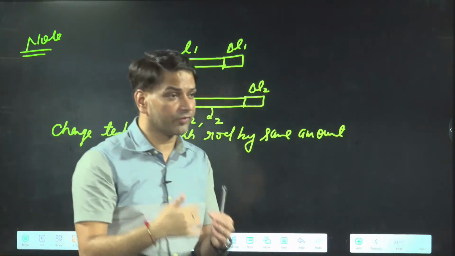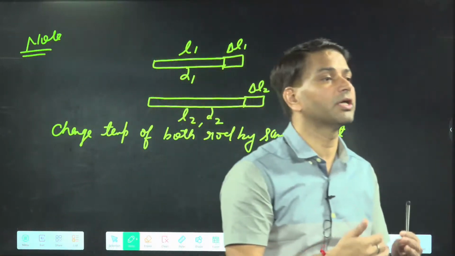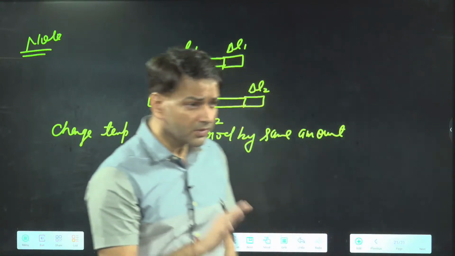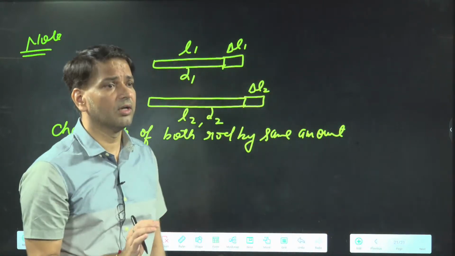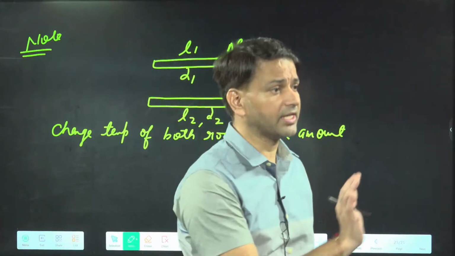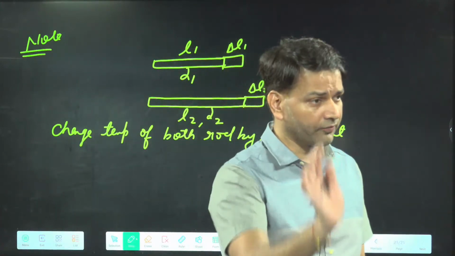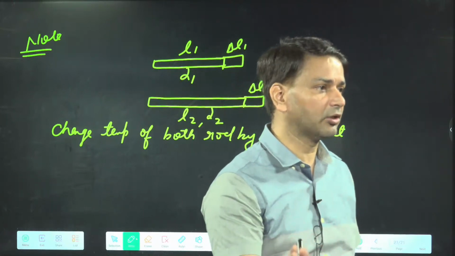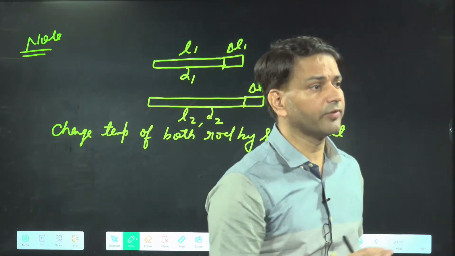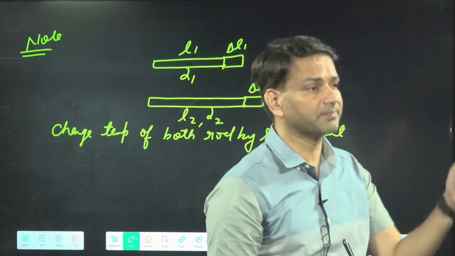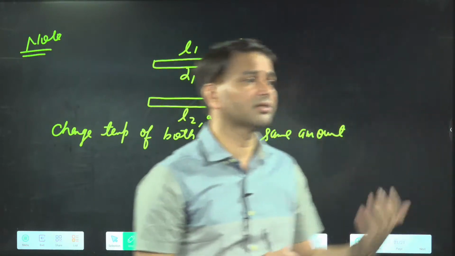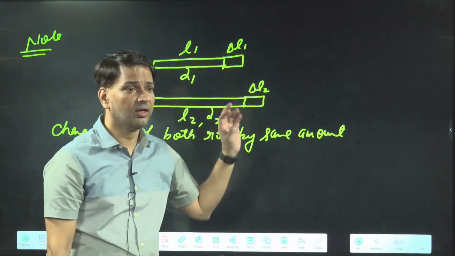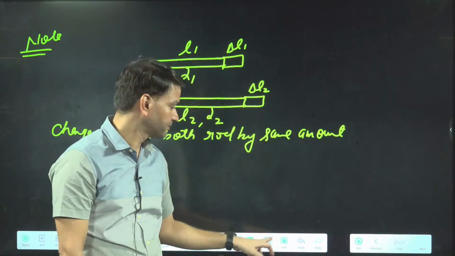So the difference will remain the same. Difference will not depend on temperature. Understood or not? So for this type of problem, when they are saying the difference is constant, it is independent of temperature. So for that, what we have to do? We have to equate their expansions or equate their contractions. Means we have to equate the delta L. Getting or not?